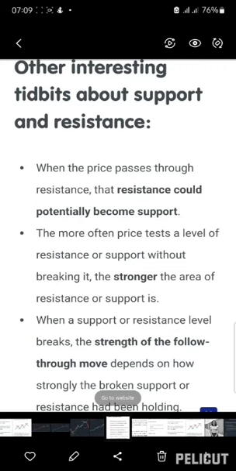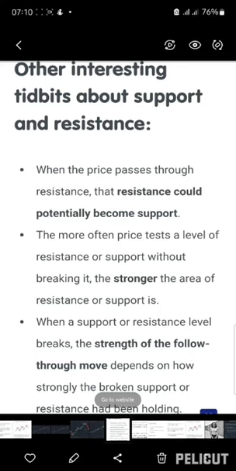That's what this last point is trying to say: when a support or resistance level breaks, the strength of the follow-through move, which means the new prices that were discovered, depends on how strongly the broken level had been holding. Remember that particular resistance level was holding very strongly until it was broken. And when it was broken, there were so many prices discovered. The price skyrocketed so much. So that's what this explanation is trying to say.